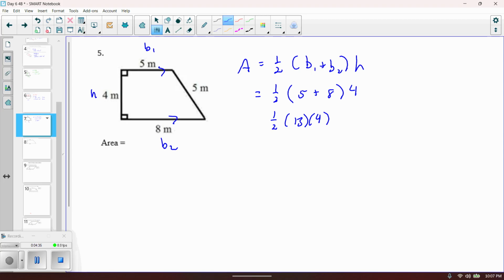And it really doesn't matter if you multiply the 1/2 times the 13 and then times the 4, or the 1/2 times the 4 and then times the 13. The multiplication can be done in any order. So either way you do it, if you do 1/2 times 13 times 4, you should get 26. And then once again, the units here, now they do give us units, are meters squared. Okay, and that's the area of our trapezoid.